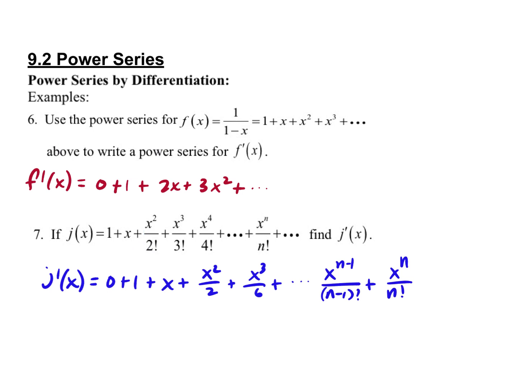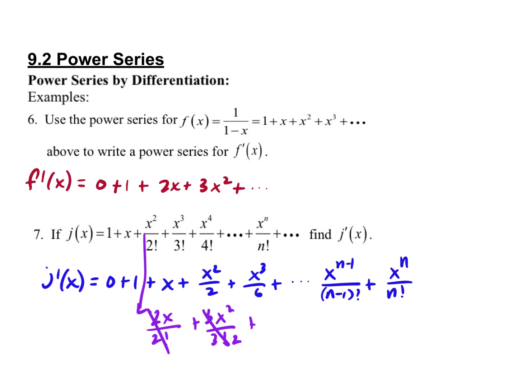Let me write it out so you can see it. This becomes 2x over 2 factorial. Then 3x squared over 3 factorial, which leaves me with an x squared over 2, because that's 3 divided by 6.